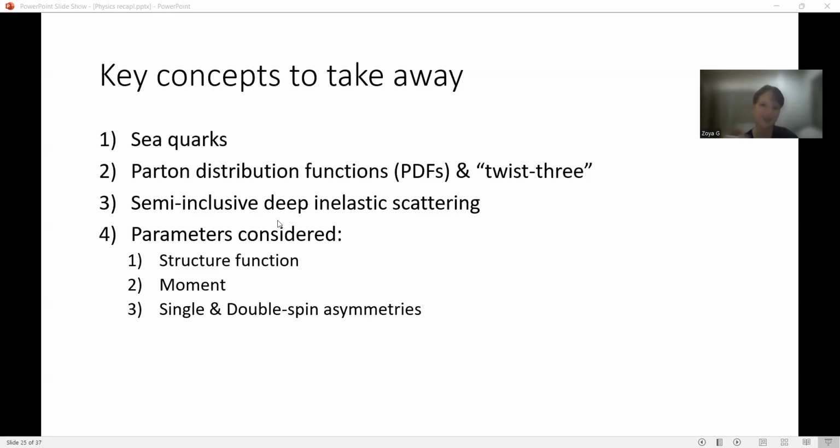Now for the parton distribution functions, or PDFs. This paper talks about so-called twist 3 PDFs, whereas before we only had a rigorous framework behind the twist 2 PDFs, which represent the distribution of sea quarks within the proton. Twist 3 PDFs, on the other hand, represent quark-gluon-quark interactions between these sea quarks and maybe also the valence quarks.